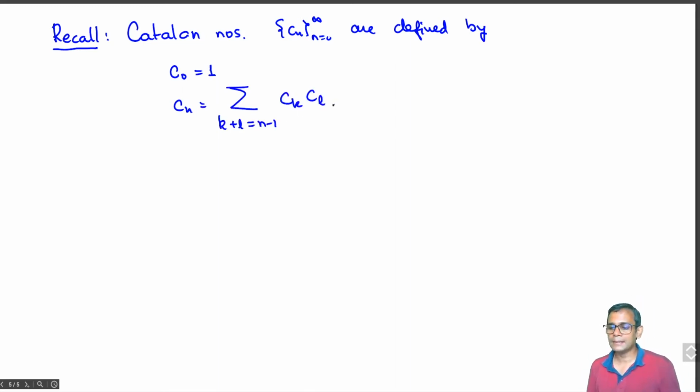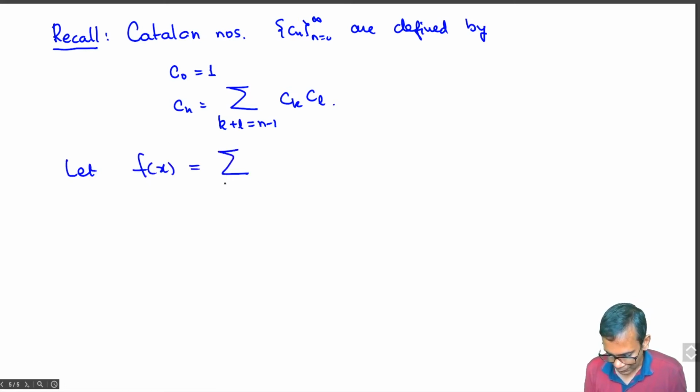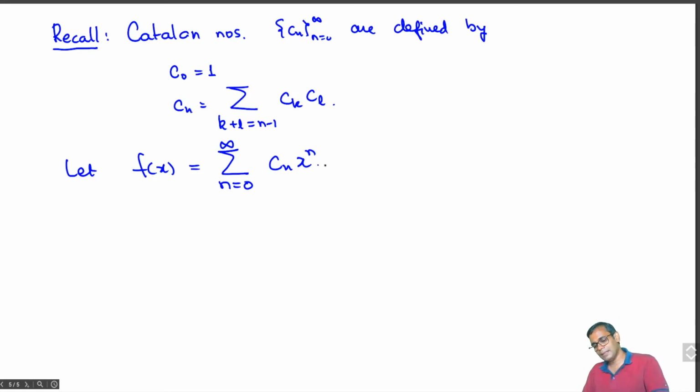Now let's hang this out for display. So if we write f(x) to be the sum n goes from 0 to infinity of Cn x^n. Notice that these Catalan numbers do seem to grow, so it's by no means clear when this series converges, but in a sense we don't care because we are working with formal power series.